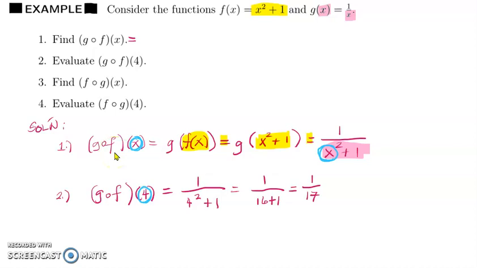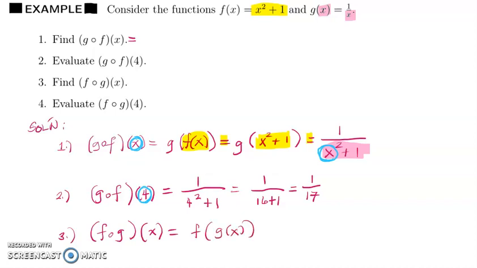Alright, so in number 3, we are asked to solve naman for the f dot g of x. So baliktad na nauna yung f ngayon. F dot g of x. So okay, kapag ganyan, yung definition niya ay f of g of x.